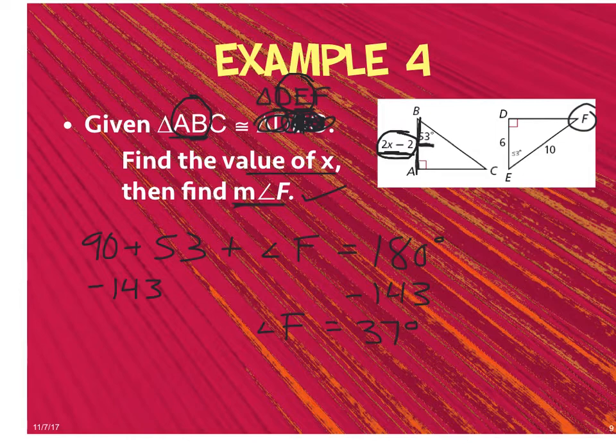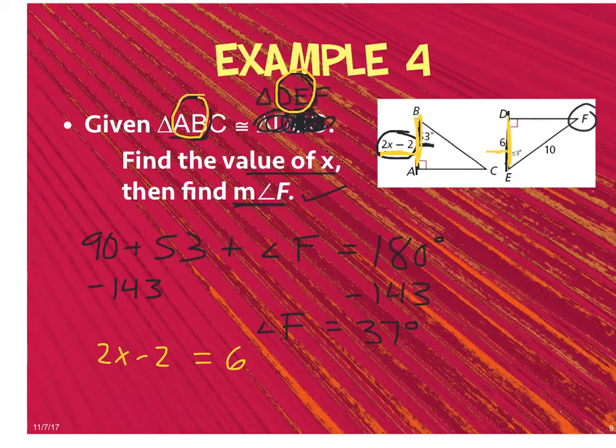So since AB is congruent to DE, we know that 2x minus 2 is going to be equal to 6. So here we have AB is congruent to DE, so this side is congruent to this side. So we can set 2x minus 2 equal to 6.